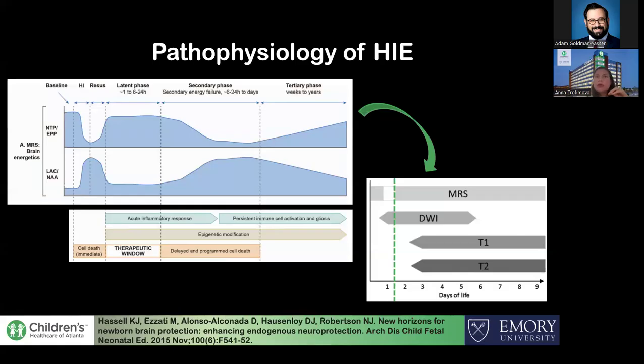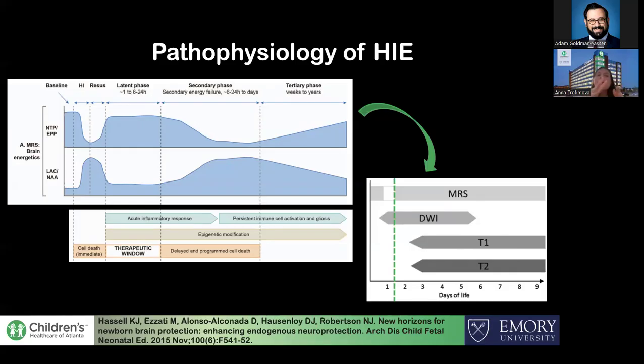However, that's not the only process that can potentially happen. If this situation of energy deficiency continues, then after a latent phase, we transition into the secondary phase, or secondary energy failure. This phase is characterized by another mode of cellular death, which is called apoptosis.